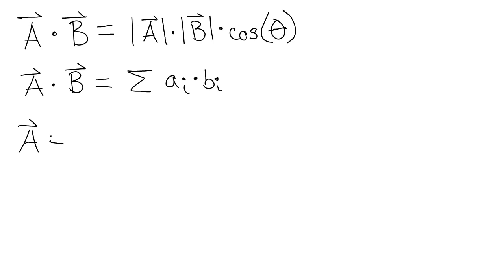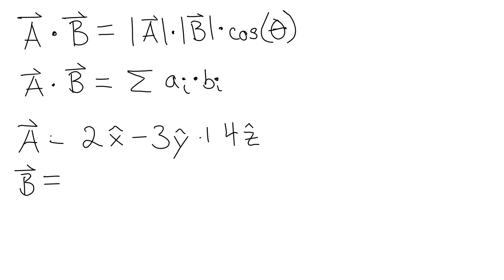A is, let's switch up the notation, 2 in the x direction minus 3 in the y direction plus 4 in the z direction. And B is going to be this vector: 9x hat, 7y hat minus 5z hat.